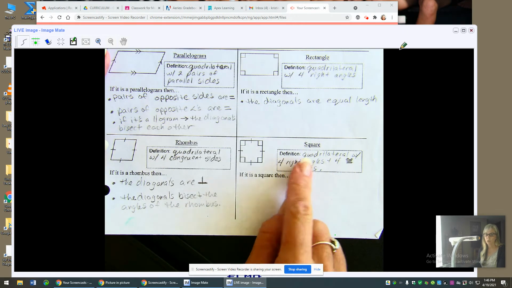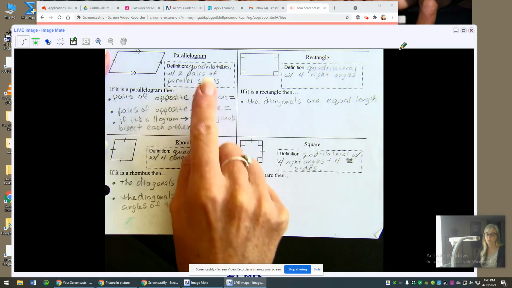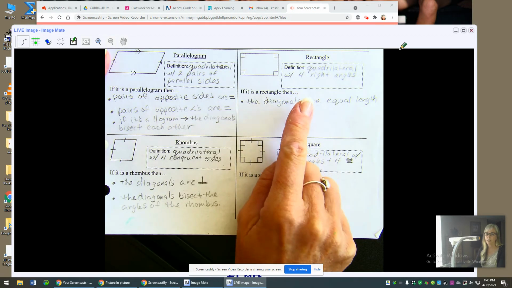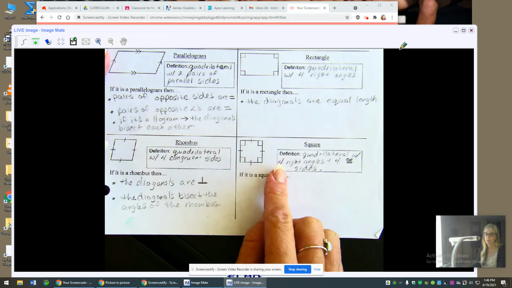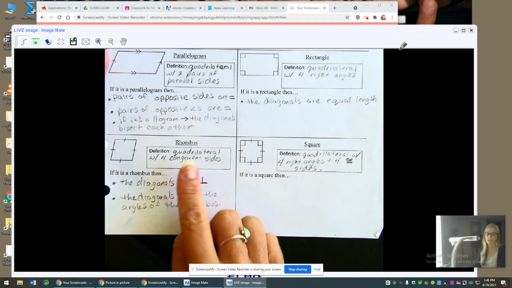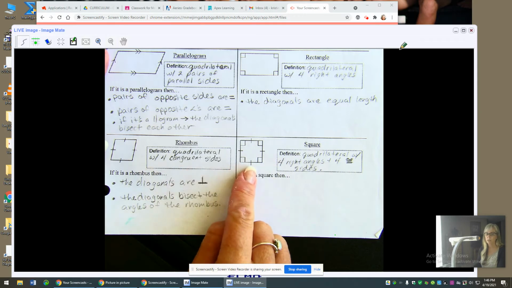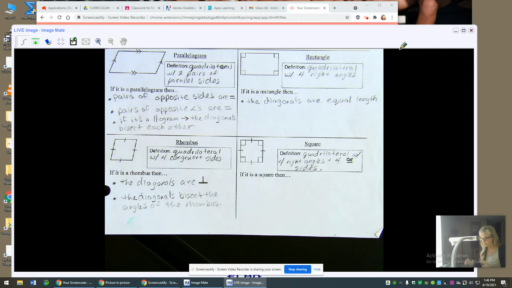A square is a quadrilateral. A square is a parallelogram. A square could almost be considered a rectangle even, because it's got the four right angles. So it's all of those things. The square has got it all going on. But a square is also a rhombus, but not every rhombus is a square. If you have a rhombus with four right angles, then it is a square. I know that can definitely be very confusing.